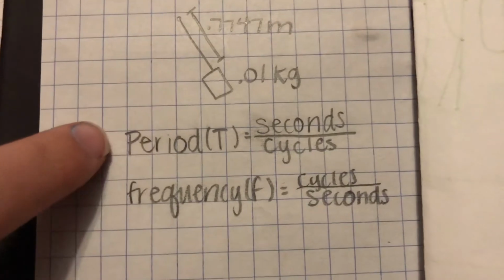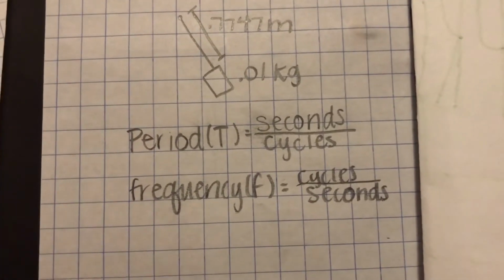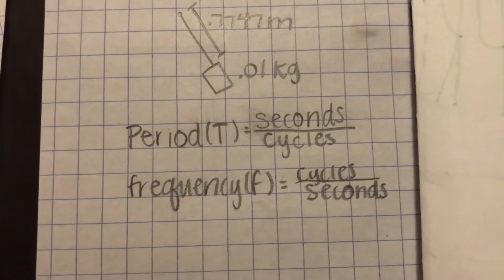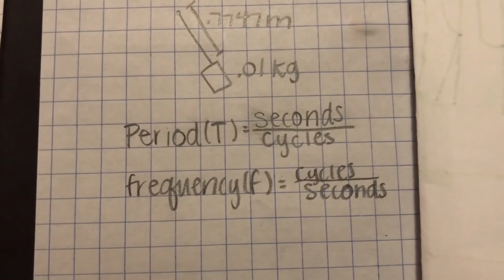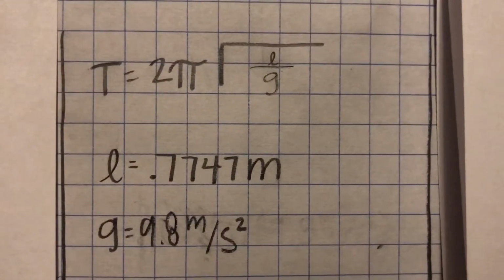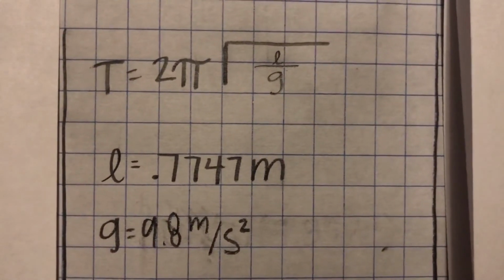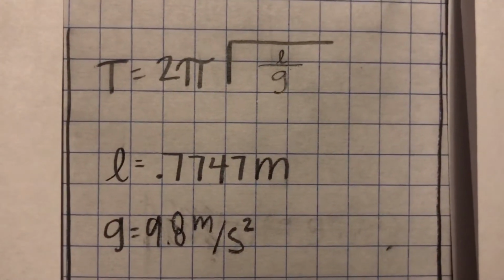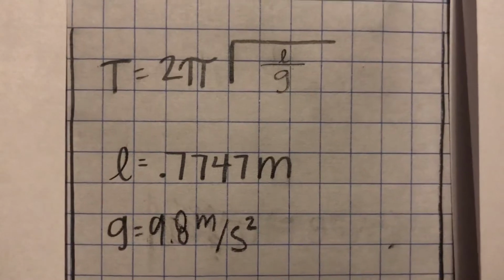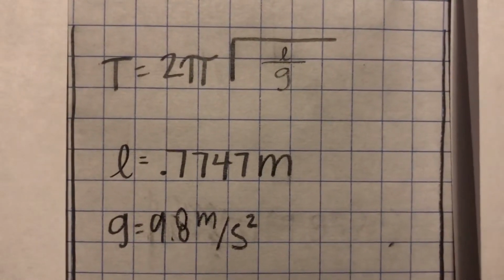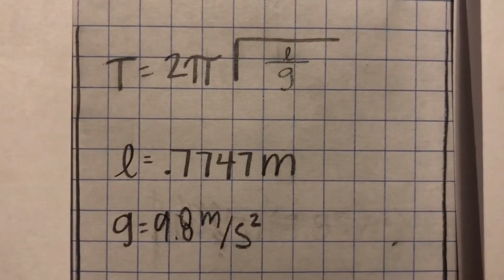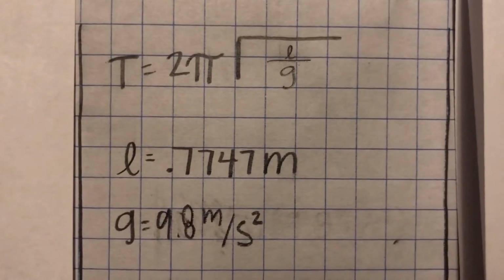As you can see here, I just wrote down some general guidelines for periods and frequency that I'll use for some labels later on. So initially I decided to solve for frequency. If you look at the formula above, you'll notice that there's no theta and there's no kilograms, because the G represents gravity rather than the force of gravity or the weight.